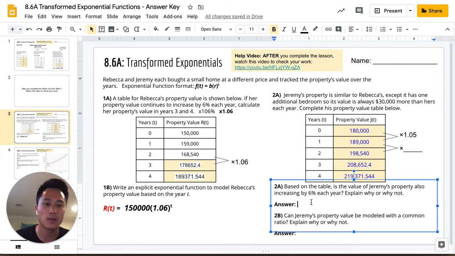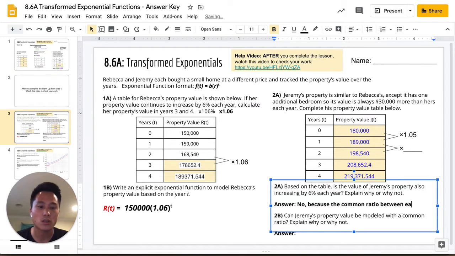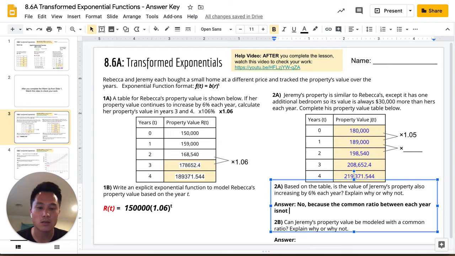So I can say, no, it is not increasing by 6% a year. No, because the common ratio between each year is not 1.06. So it's not increasing by 6%. 2b says, can Jeremy's property value be modeled with a common ratio?